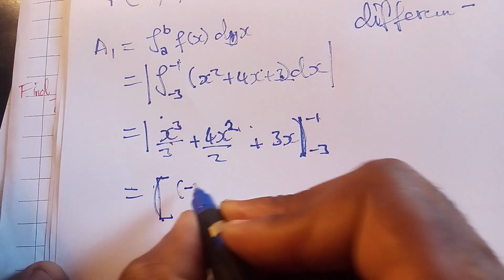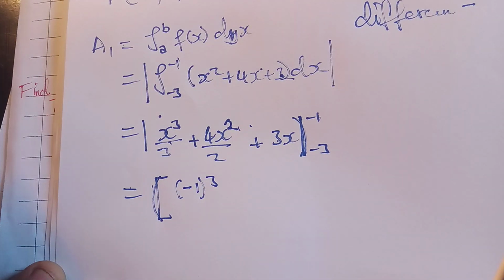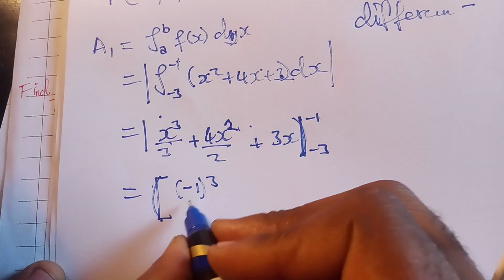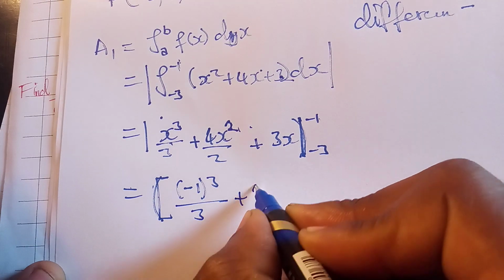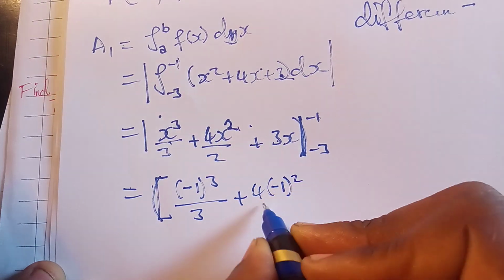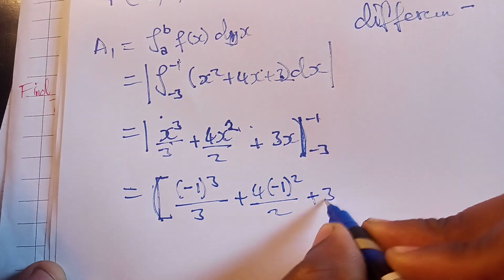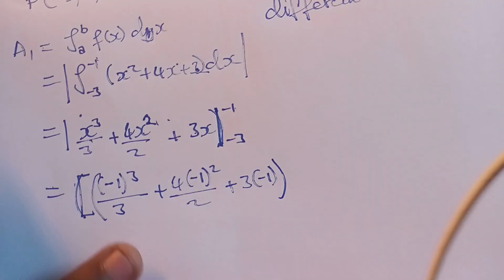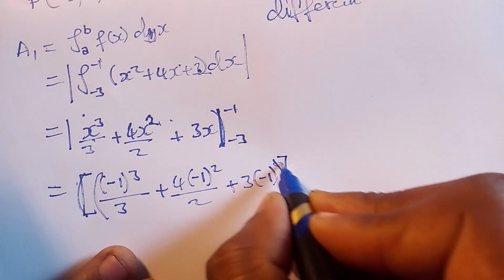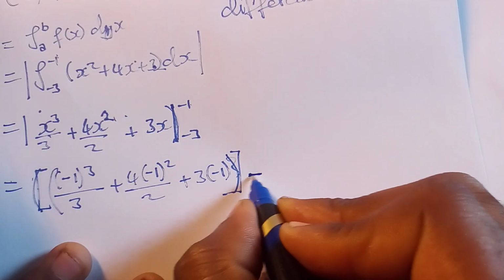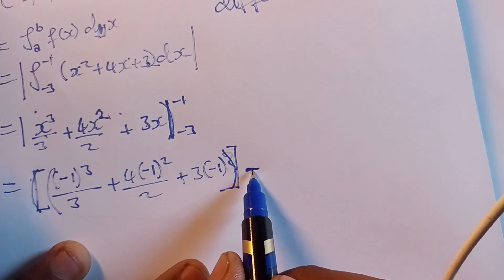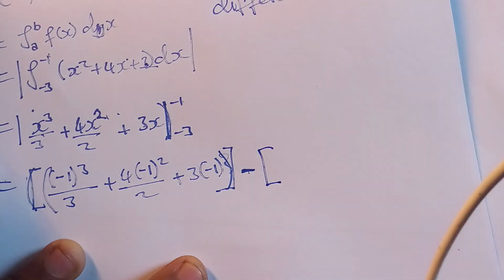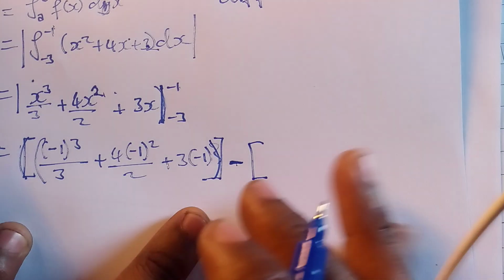Let me use square brackets. -1 cubed, and then everything over 3 plus 4, -1 squared over 2 plus 3, -1, and then you can put these things in brackets, or maybe let's just maintain the square brackets and say minus. So every time you have a minus, make sure that everything you write is in brackets. Once you leave the brackets out, then everything you are doing is not correct.